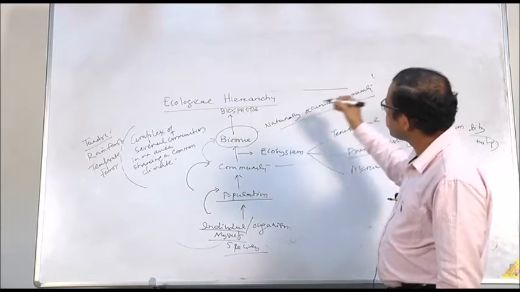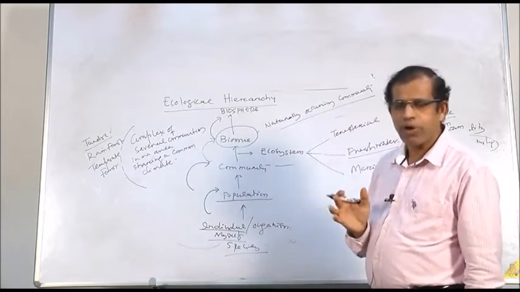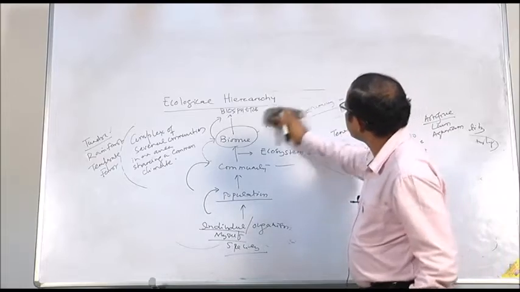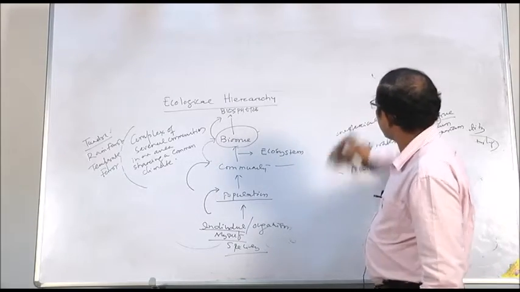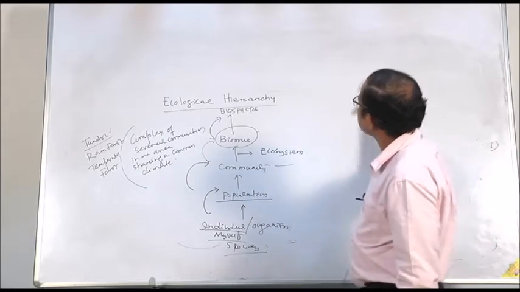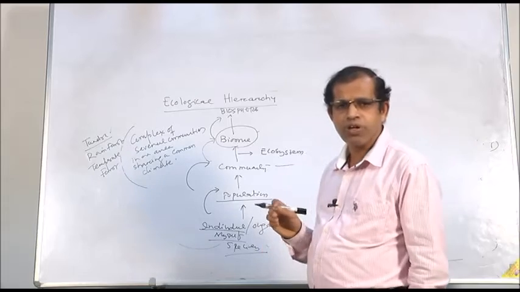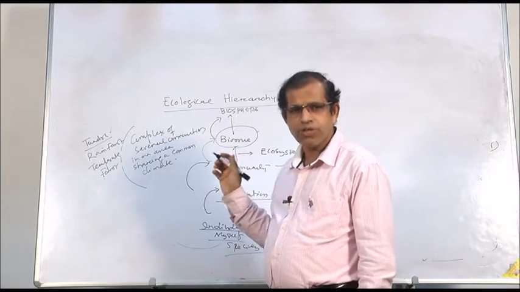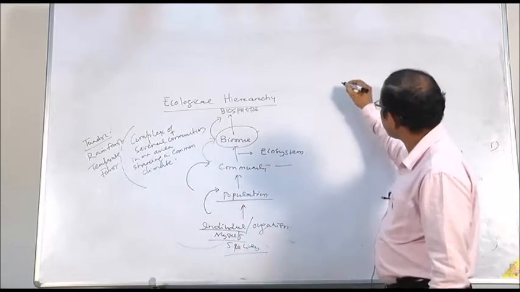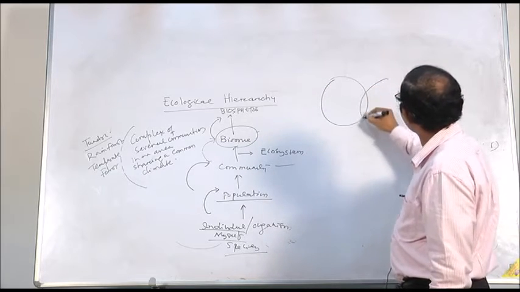Next, we will move to the biosphere. The biosphere is a very burning concept, and day by day we are working on the biosphere and biodiversity conservation. If you see the earth, there are three parts.